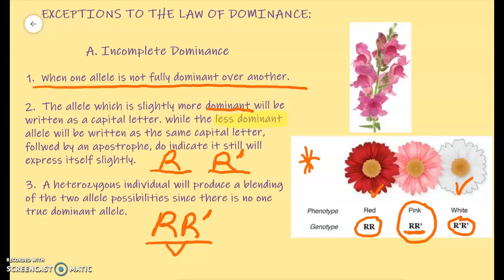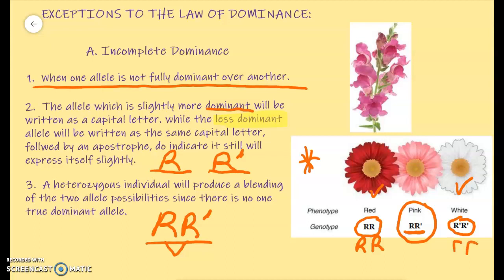Now, the reason why we're using some funky symbolism is a lot of other videos may show you a way to use the recessive allele or lowercase allele also. I don't like to do that because you can get confused quite easily. So, for example, if we were using just regular capital R's and lowercase r's, you'd be fine over here if I said two big R's is red and two lowercase r's is white.